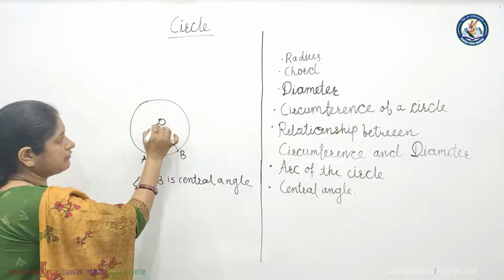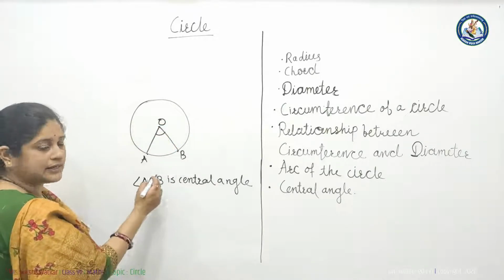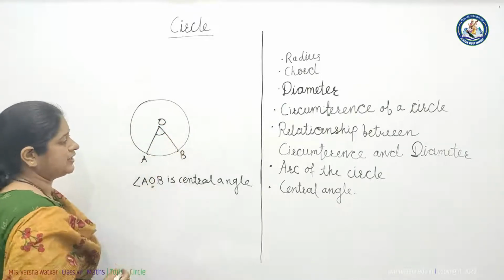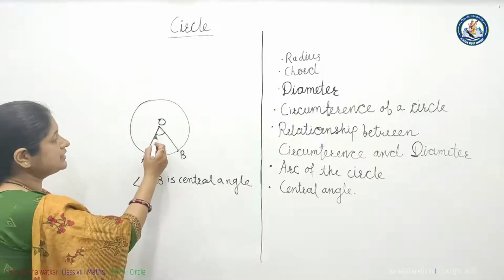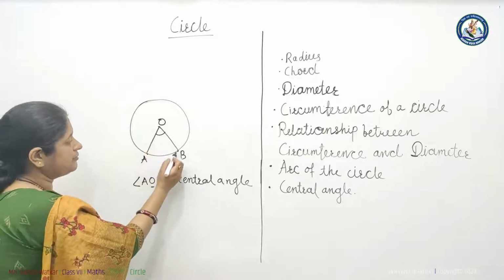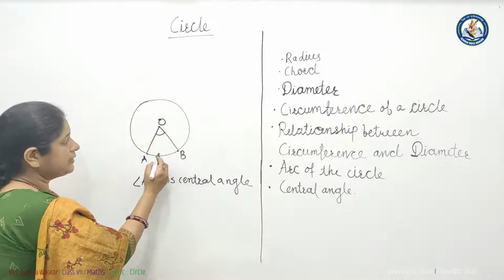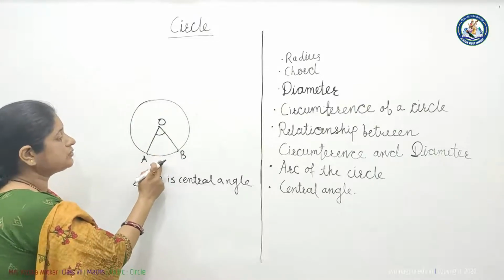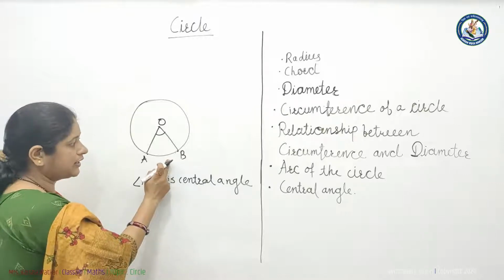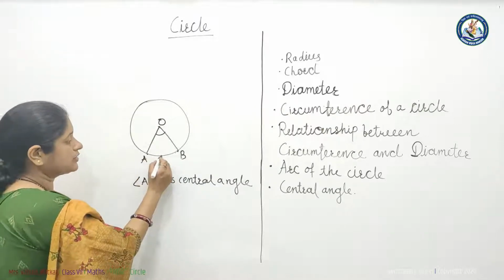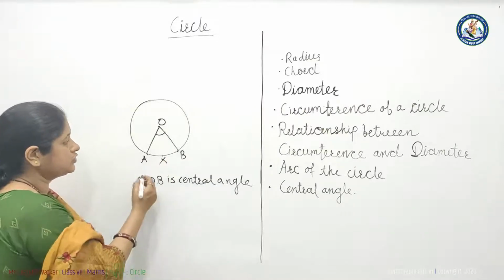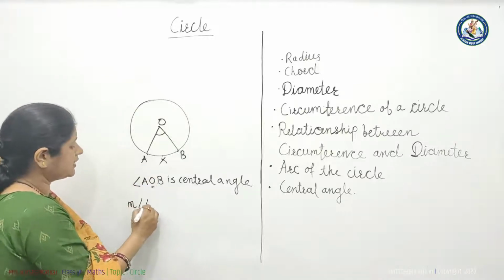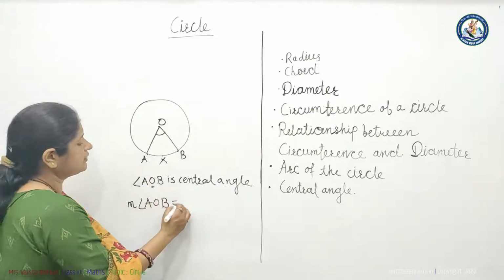If the vertex of any angle is the center, then that angle is a central angle, and this angle is intercepted by arc AB. And the measure of the central angle AOB is equal to the measure of the arc intercepted by it. So suppose I take point X here.